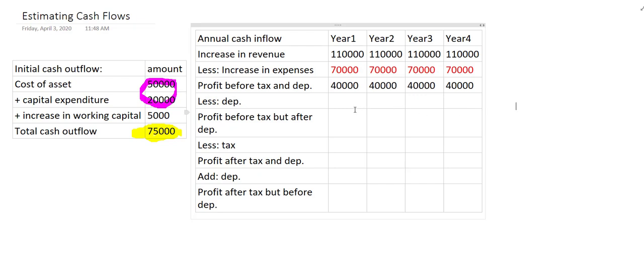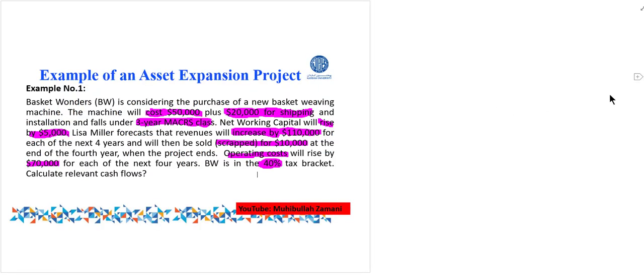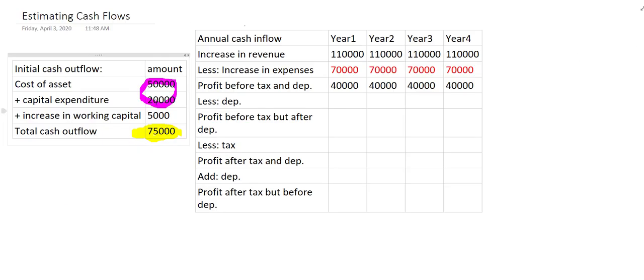But how to calculate depreciation? Information is available regarding depreciation as well. For the purpose of depreciation, this asset comes under which class of makers? Under the 3 years maker class. And if you want to calculate depreciation, this cost is to be considered. How much cost should be considered? 20,000 should be considered: 50 for the capital expenditure and 20 for this one.